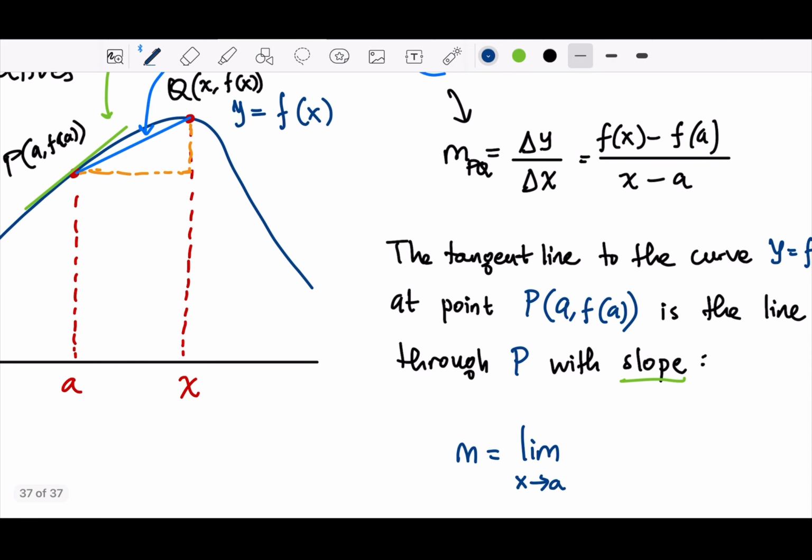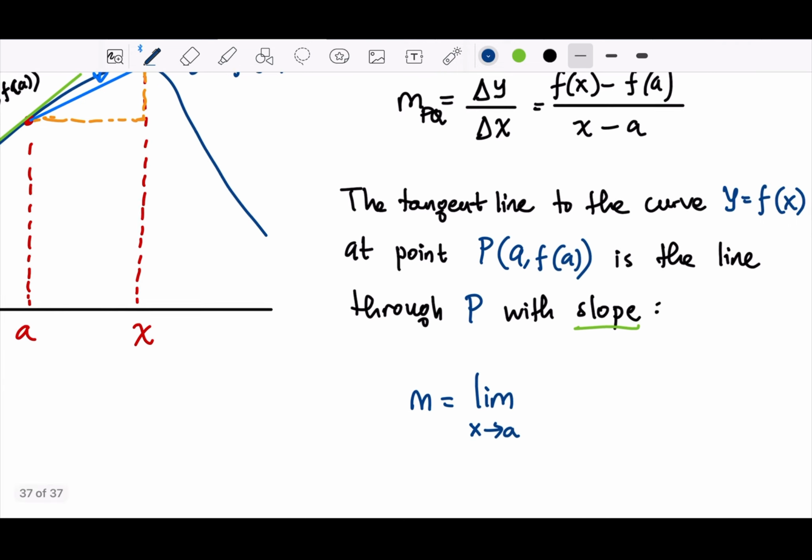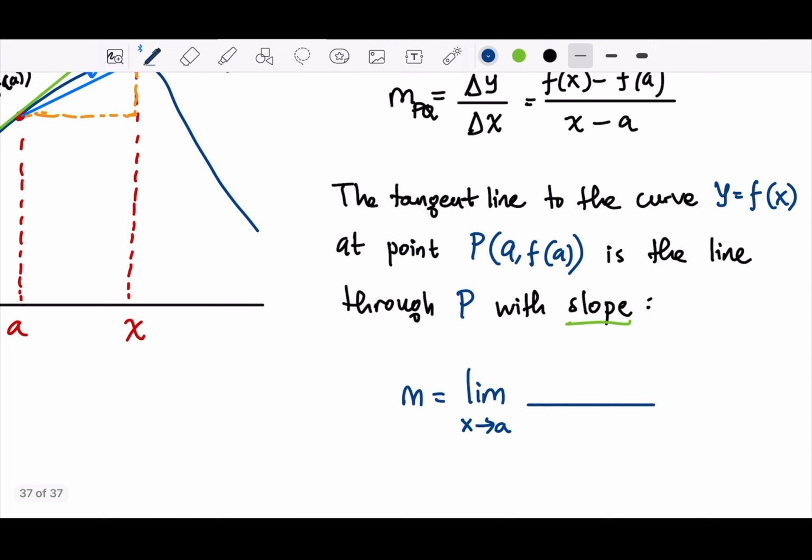That is precisely what we are doing. We are getting point Q close to point P, so x getting close to a, and then we have this secant formula here.